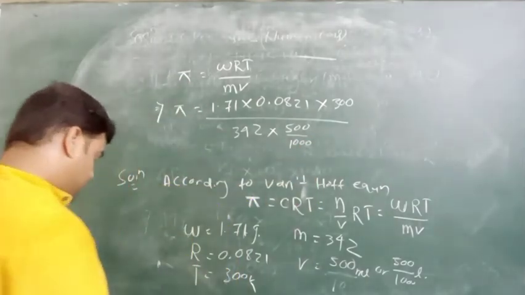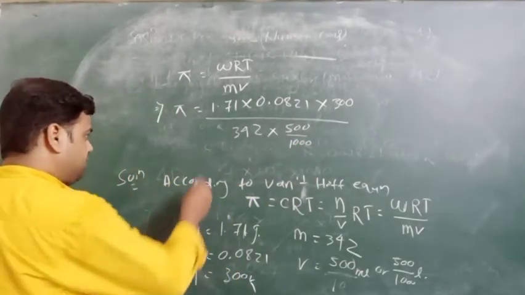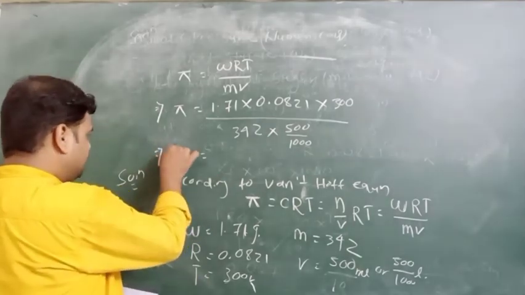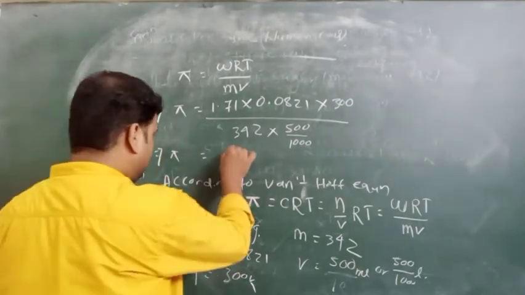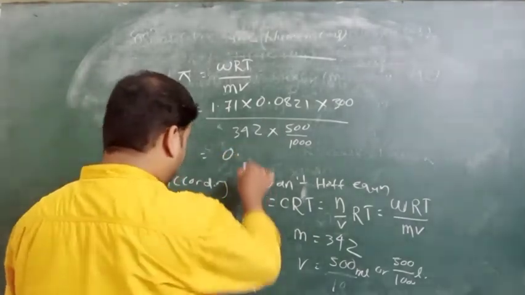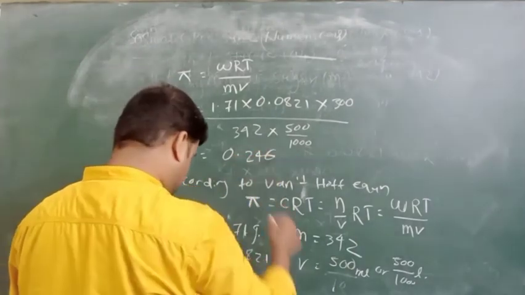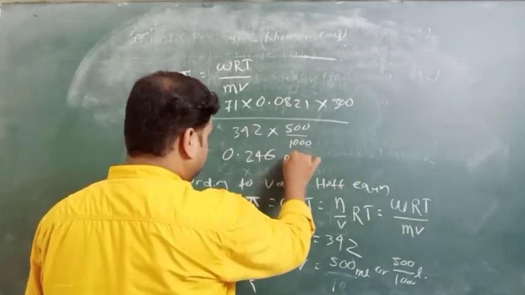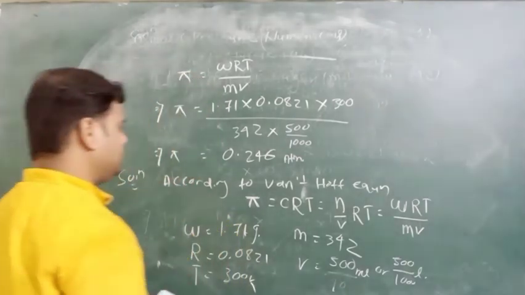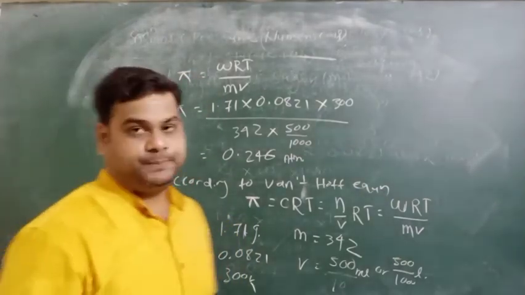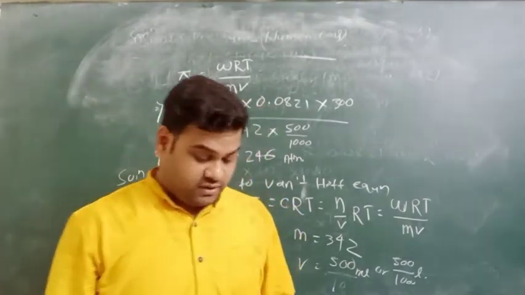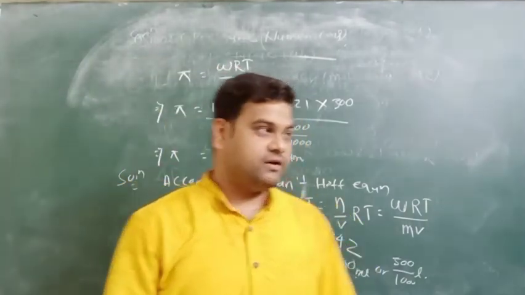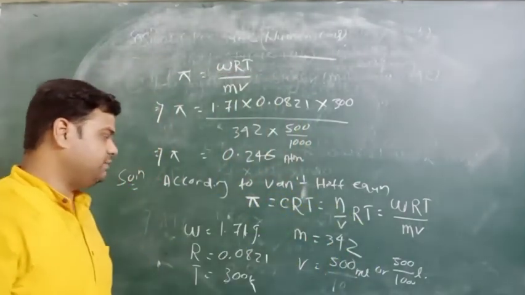You just calculate the value and you will get the value of pi as 0.246 atmosphere. This is all about the calculation of numericals of osmotic pressure.